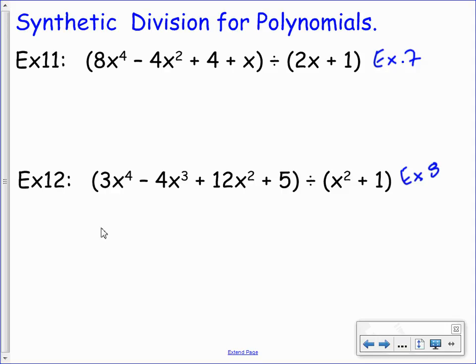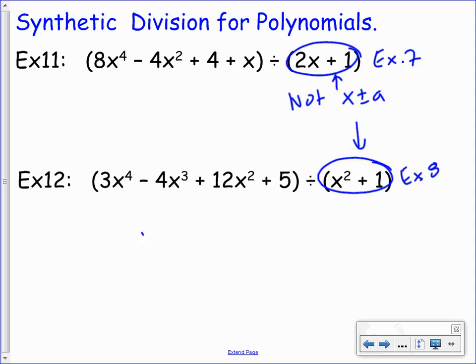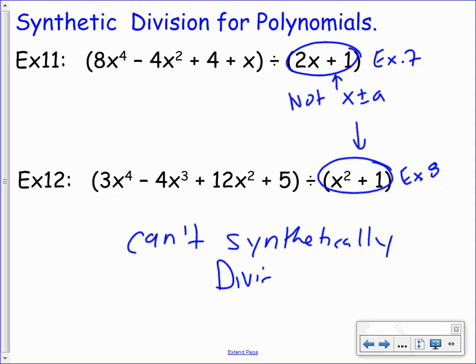This is not in the form x plus or minus a. There's a 2 in the front. So in both cases, if they're not x plus or minus k, you can't synthetically divide. No, you'd have to do it the other way. You'd have to use the long division way.